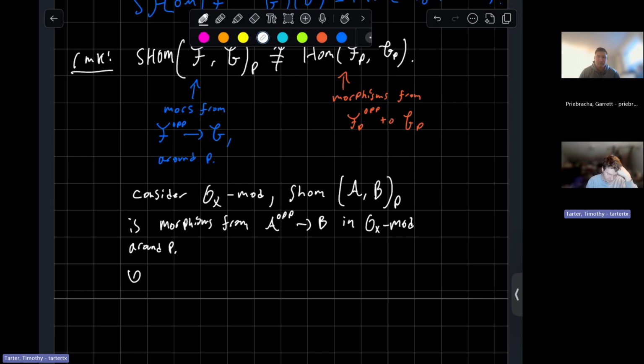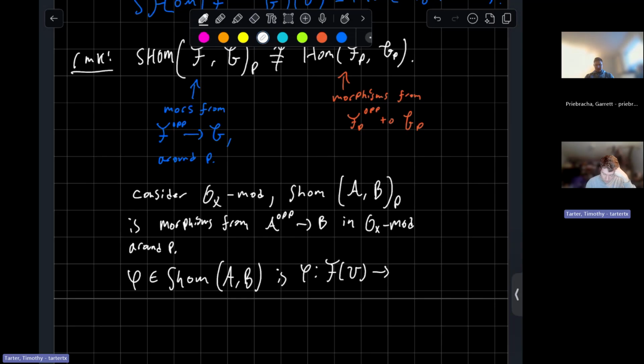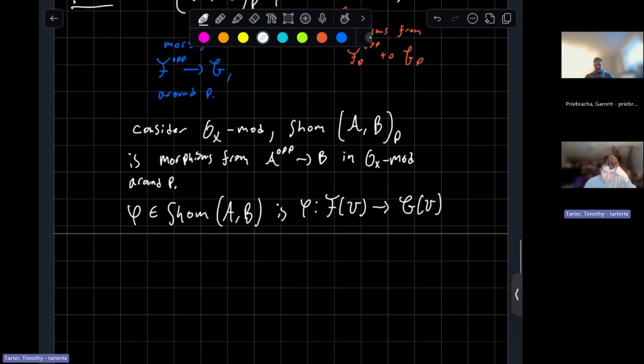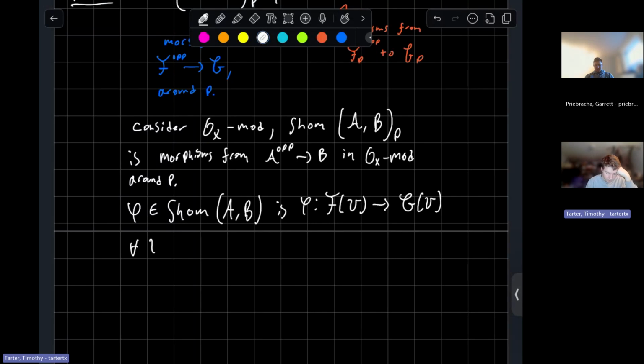Okay, so then, all right, so varphi in Hom(A, B) has varphi from script F of U to script G of U, for every U open in X.